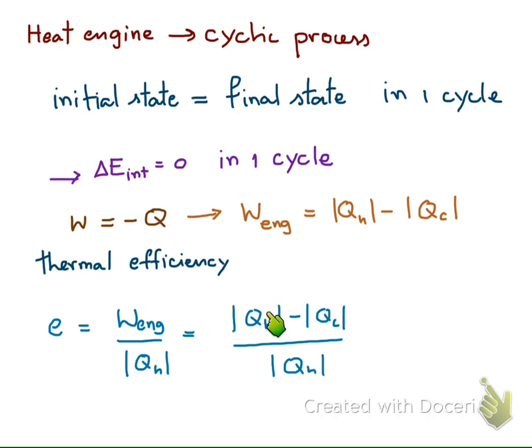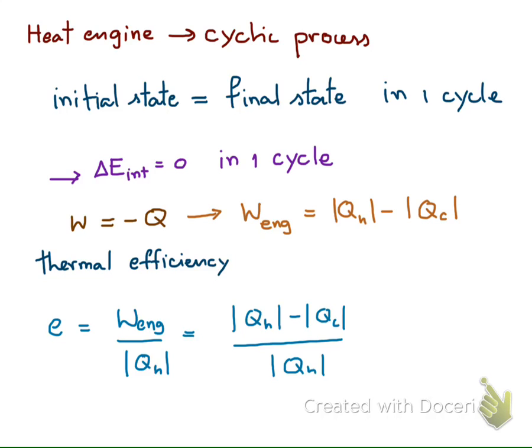That's why we put the absolute value here. And also here, W_ENG is positive, meaning that the engine does work to us, not that we do work to the engine.